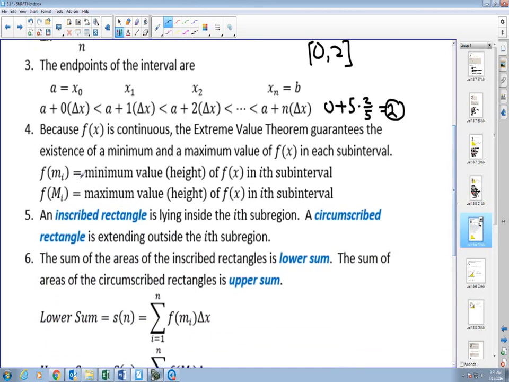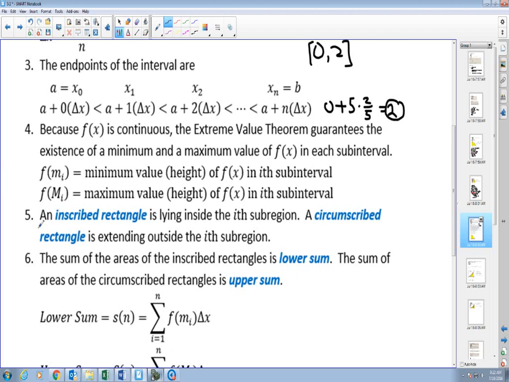Those minimum or maximum values we denote as f of lowercase m sub i or capital M sub i. Those are the heights of the function in the ith subinterval, any one of the subintervals that we choose.